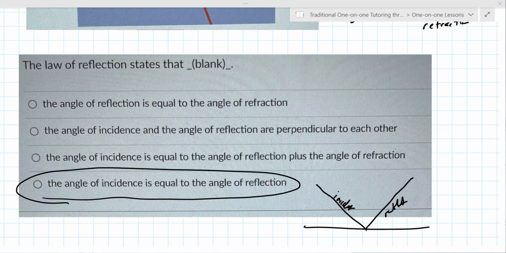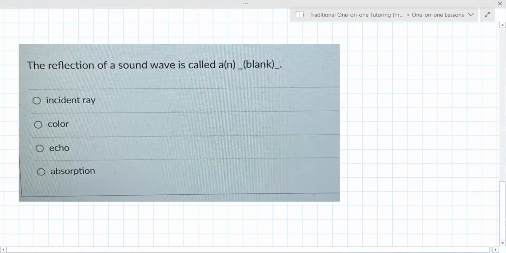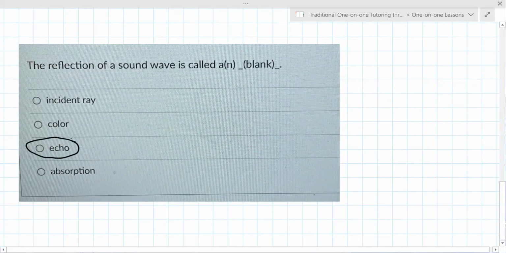The reflection of a sound wave. To me, the answer is what we think it is, which is an echo. But because it's physics, I want to confirm that with a textbook or some sort of online resource. Yeah, so that's just the traditional echo here. Okay.